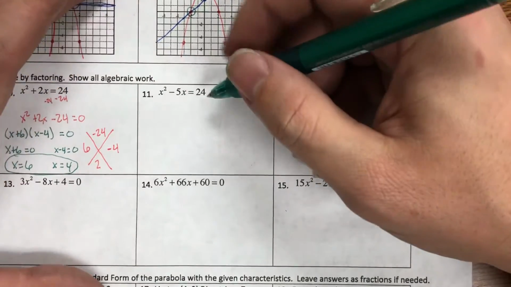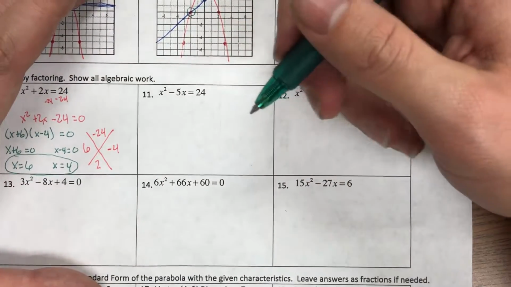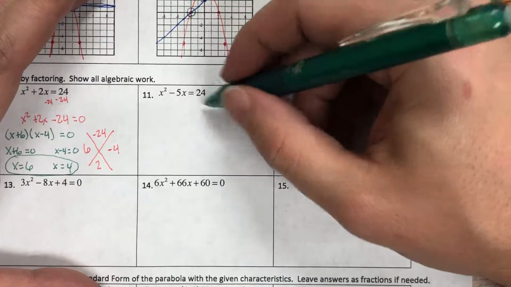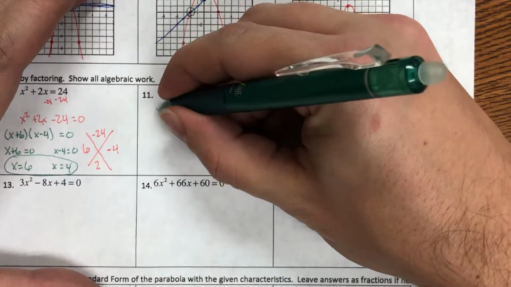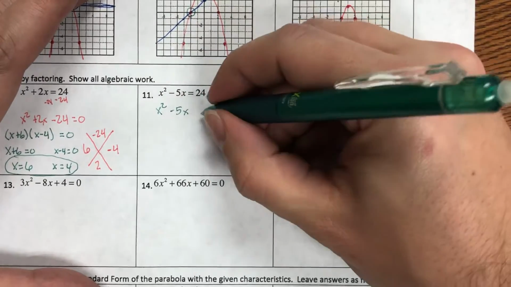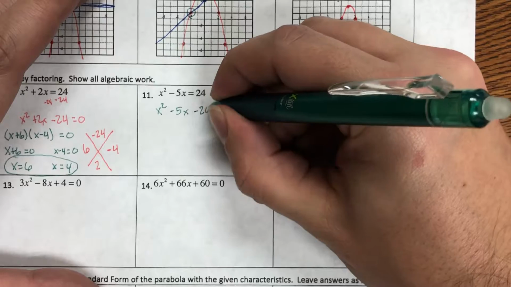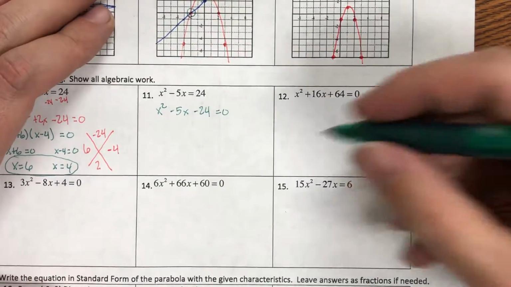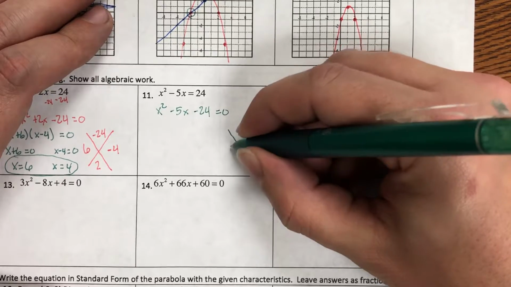Looking at this one, again, I need to subtract 24 so I can set this equal to 0. So I have x squared minus 5x minus 24 equals 0. So I make my x factor.